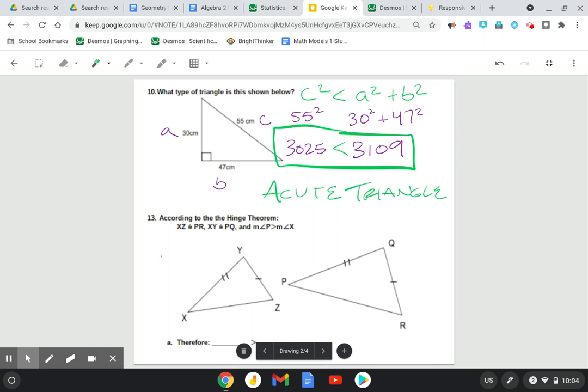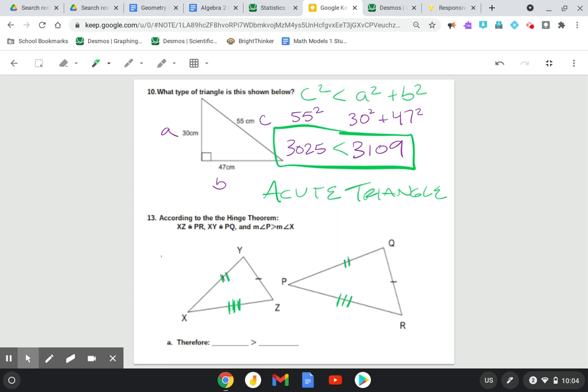And we see that XZ is congruent to PR, and XY is congruent to PQ.